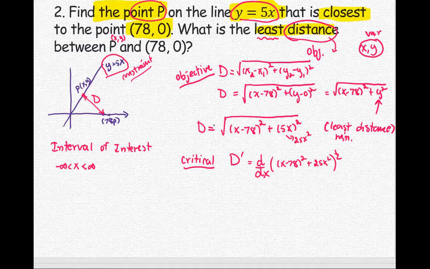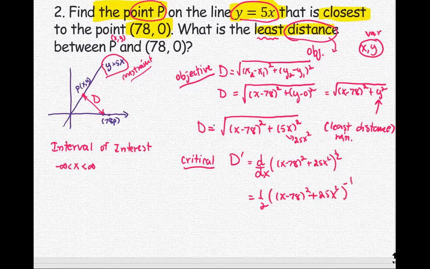Okay, find the derivative using the chain rule. 1/2 of the whole quantity to the power negative 1/2, and then multiply by the derivative of the inner function.